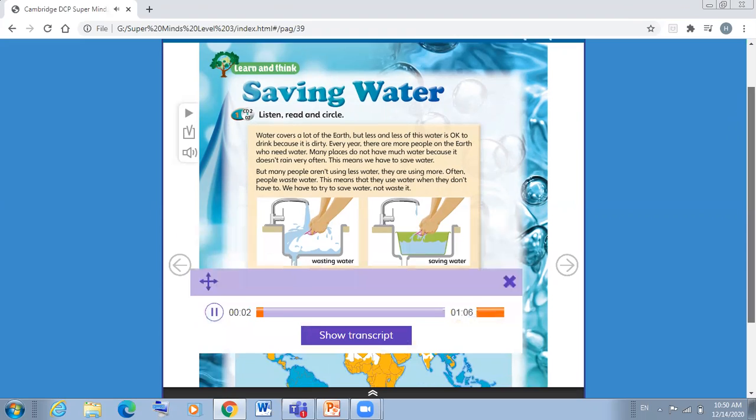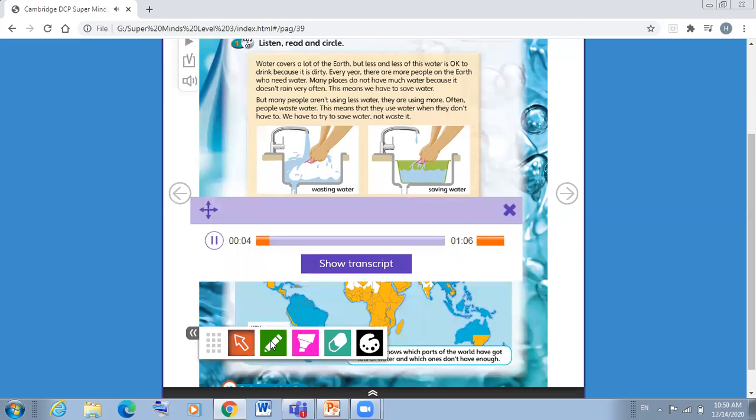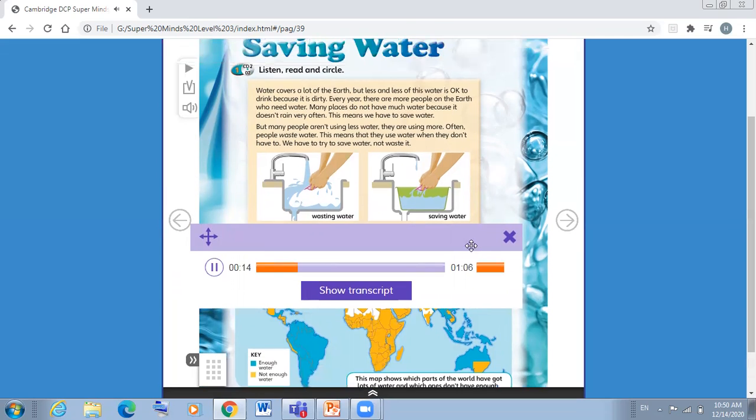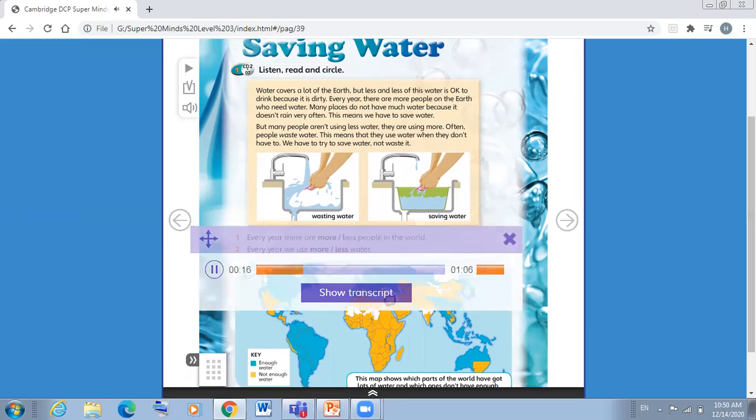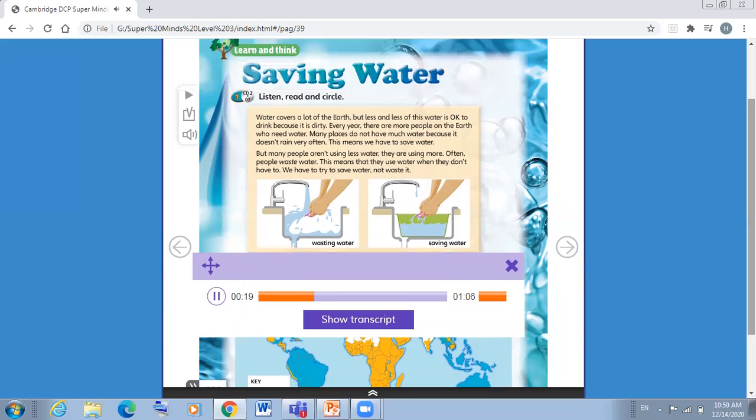Page 42. 1. Listen, read and circle. Water covers a lot of the earth. But less and less of this water is okay to drink because it is dirty. Every year, there are more people on the earth who need water.